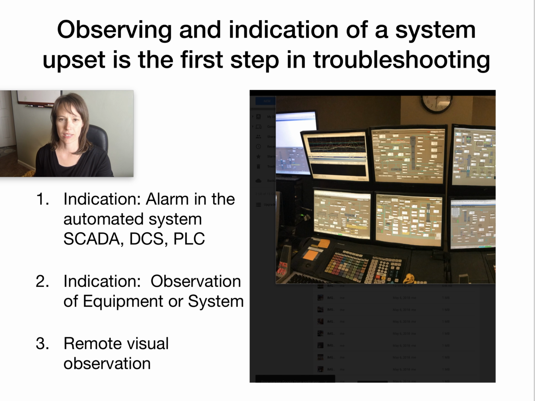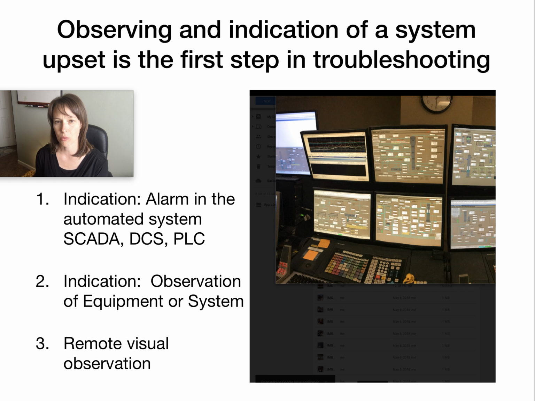Most automated systems are now run on SCADA or DCS, and as a technician you would be sitting in front of a board or a set of monitors, computers, and you'd also likely be out in the field with the equipment itself, working on maintaining and operating that equipment, getting familiar with it, and then also you would be able to see the equipment.